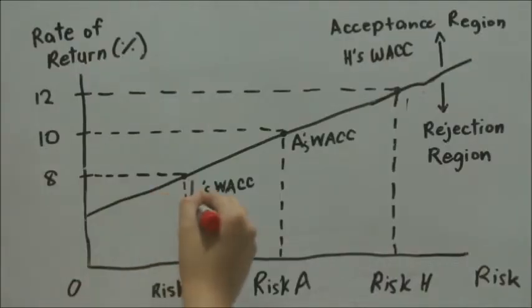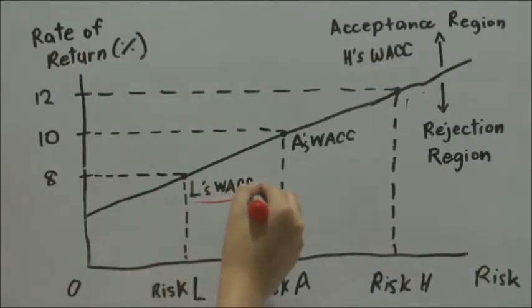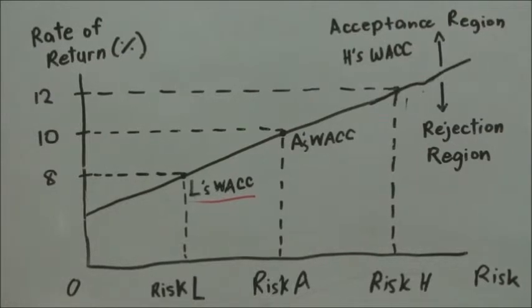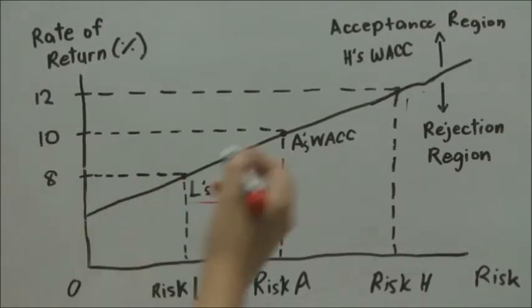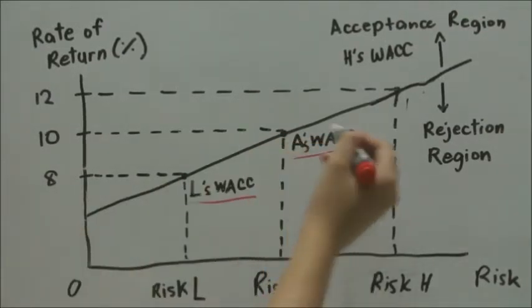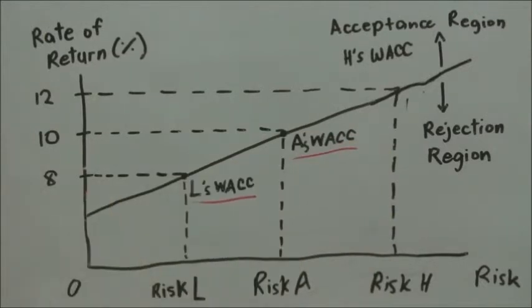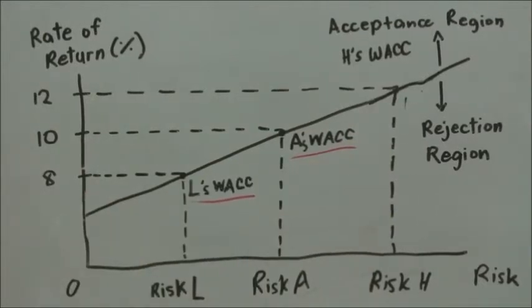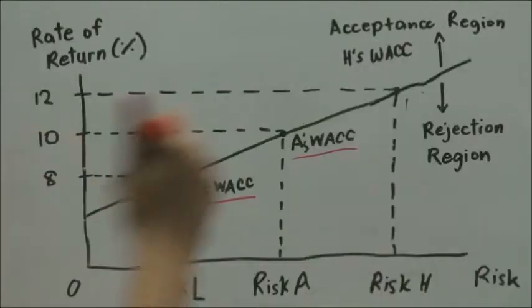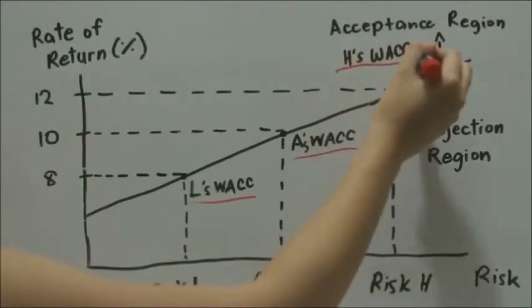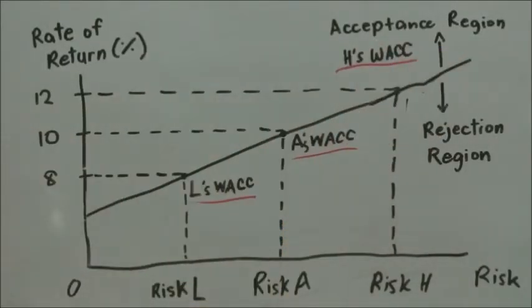This graph illustrates the trade-off between risk and the cost of capital. Thus, Firm L will accept a typical project if its expected return is above 8%. Firm A's hurdle rate is 10%, while the corresponding hurdle rate for Firm H is 12%.